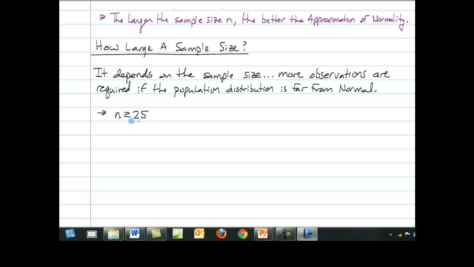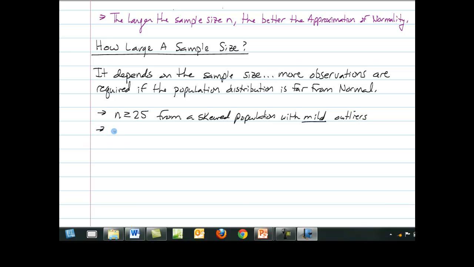So n greater than or equal to 25 is generally enough to apply the central limit theorem from a skewed population with mild outliers. And we know how to calculate outliers.